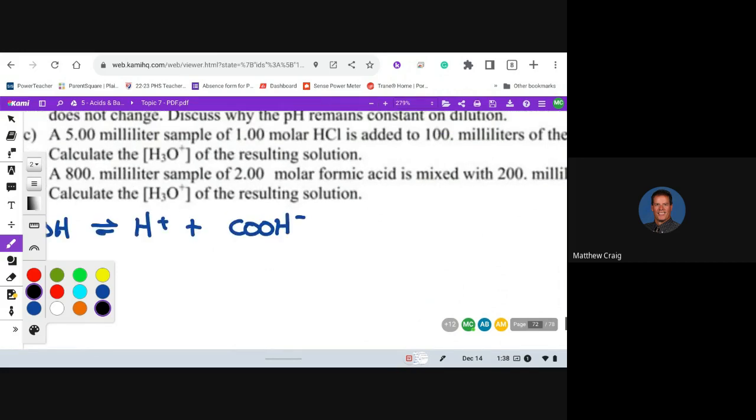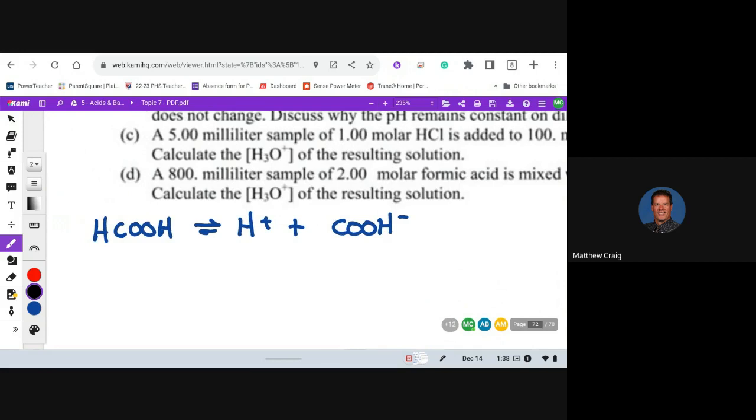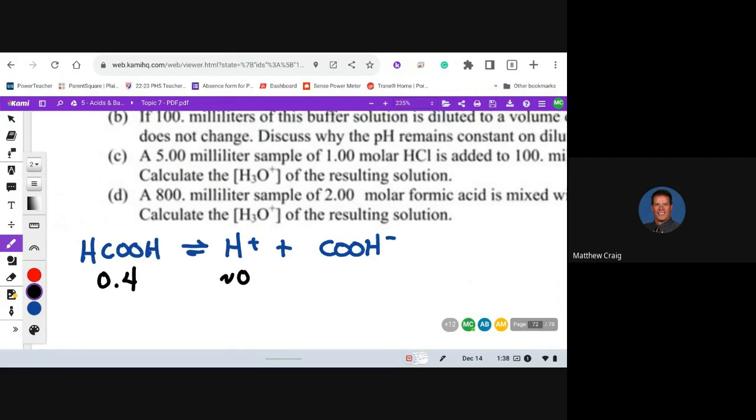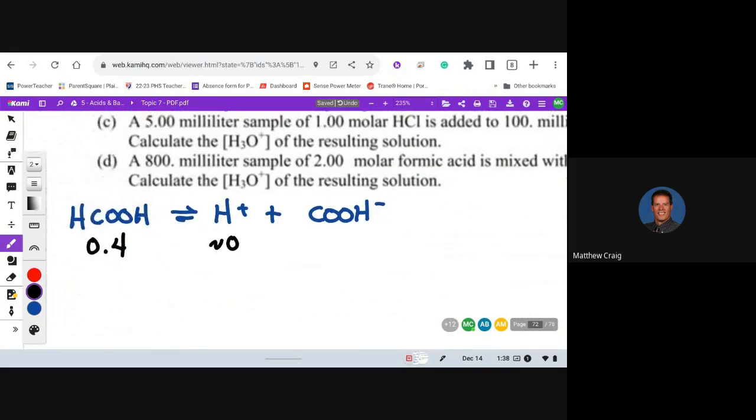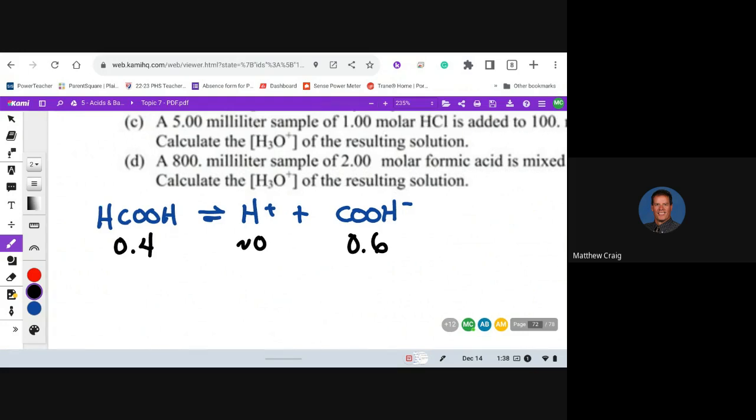So we've got 0.4 of that. We don't know what we have there. We're going to find that. And 0.6 of that. Actually, let's just say that's at the end point. So we're going to solve for that.